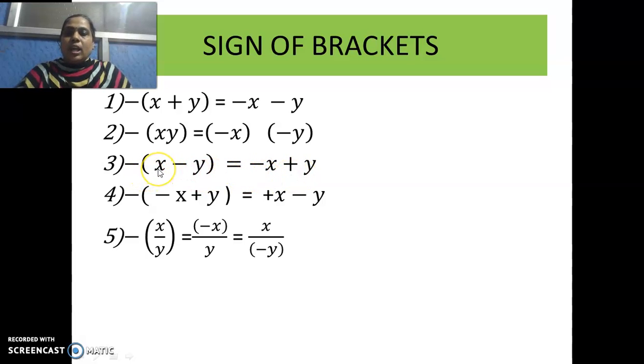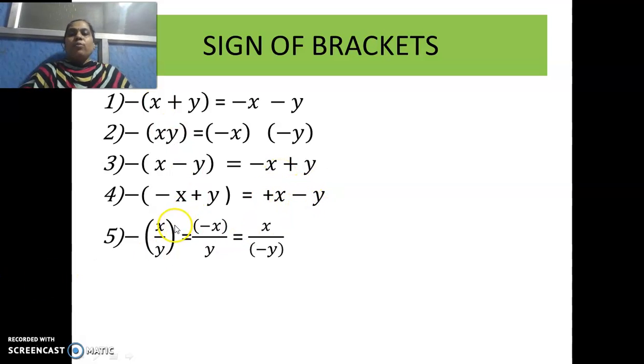What is that? If x has a positive sign, y has a negative sign, and outside the bracket a negative sign is there, then the sign of x will be negative and the sign of y will be positive.